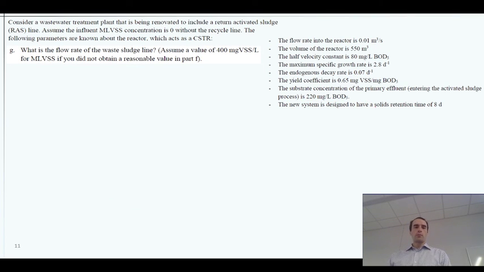All right, so last problem, well, almost last problem. Probably the last one we'll talk about today. What is the flow rate for the waste sludge line? We're not going to worry about this assumption here. That's in case, if I gave you this on an exam and you didn't find the other one reasonable, let's just say the X is 596.